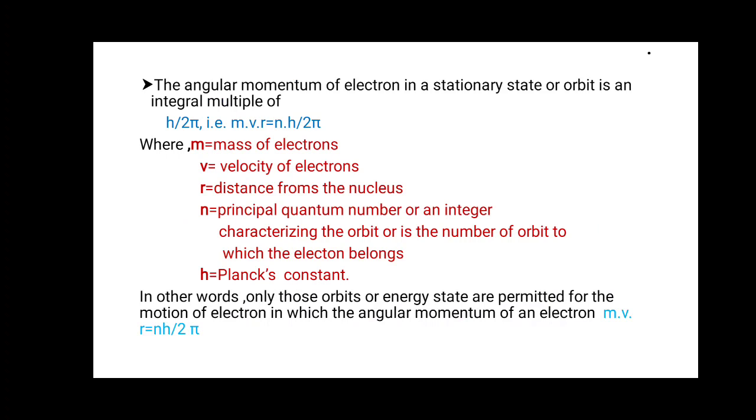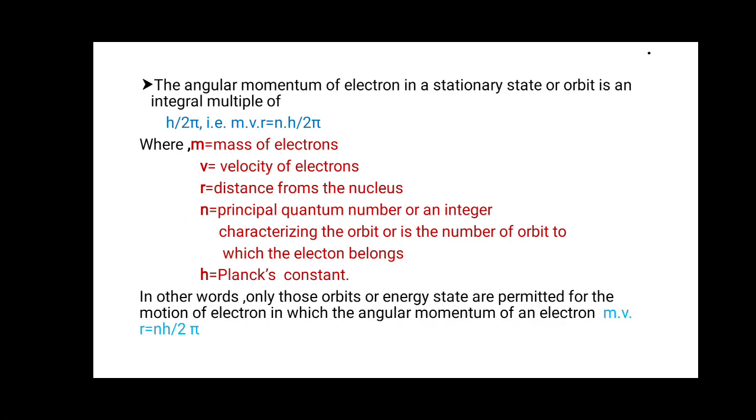Next, the angular momentum of an electron in a stationary state or orbit is an integral multiple of h upon 2 pi, that is mvr is equal to nh divided by 2 pi.